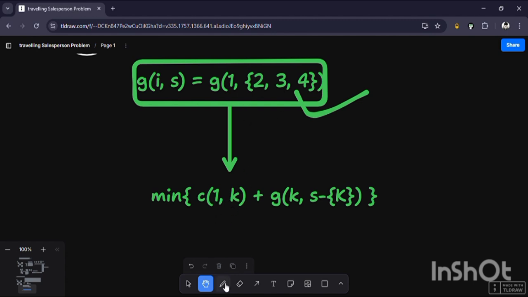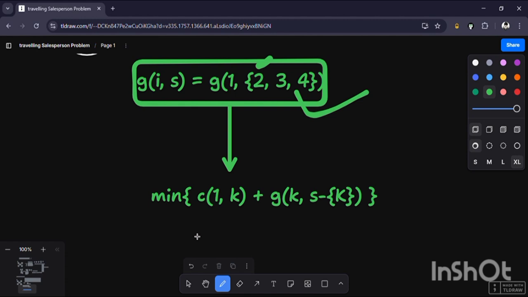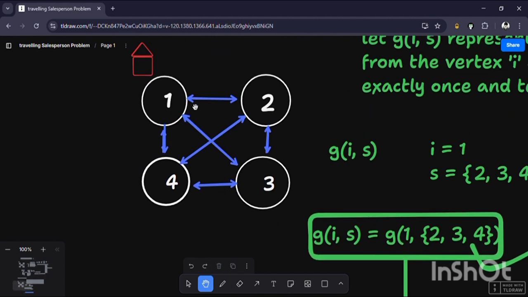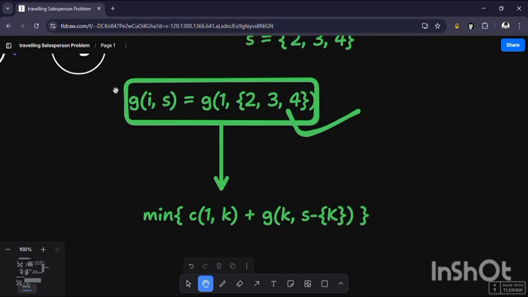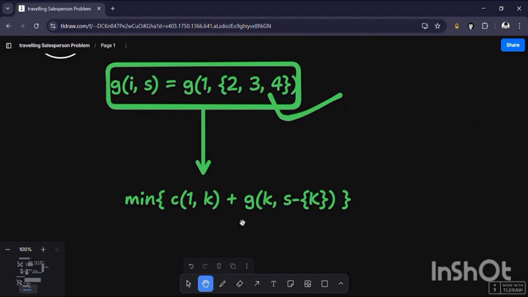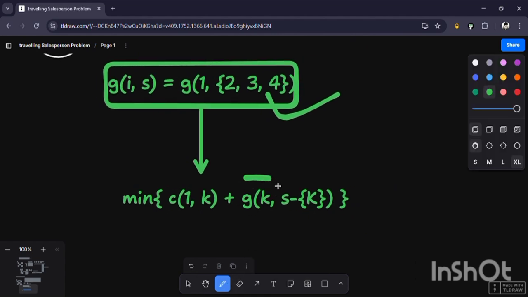Suppose k value is 2, so cost of this will be cost of 1 comma 2 plus, and I have reached from 1 to 2, right? Now I will do what? I will again call the same function g, right, with the parameter k.